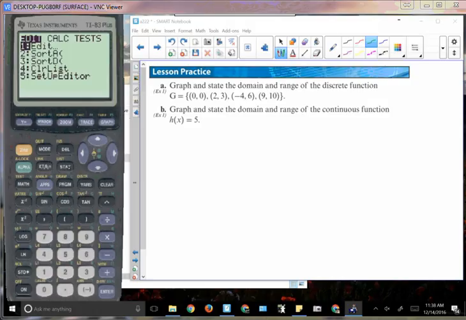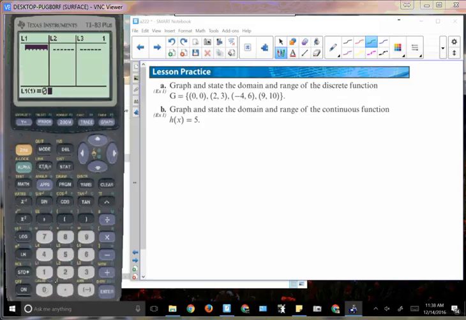So now when I go to stat, edit, put the information: 0, enter, 2, enter, -4, enter, 9, enter, got those in there. Then I put in 0 again, 3, 6, and 10. Make sure that you have the data going across, that these points match up with what you got.